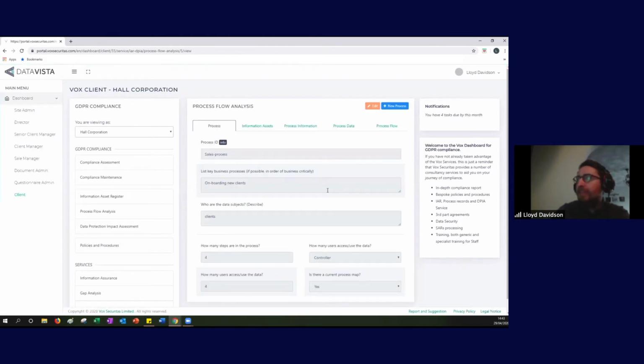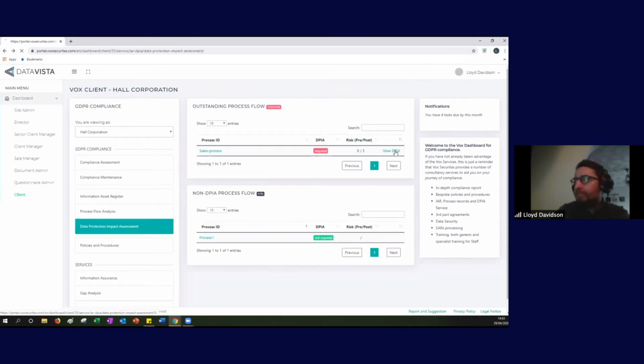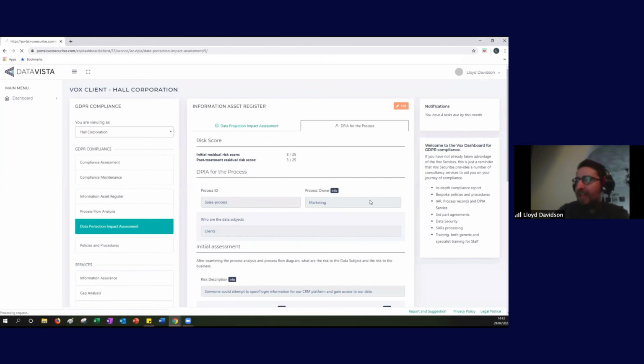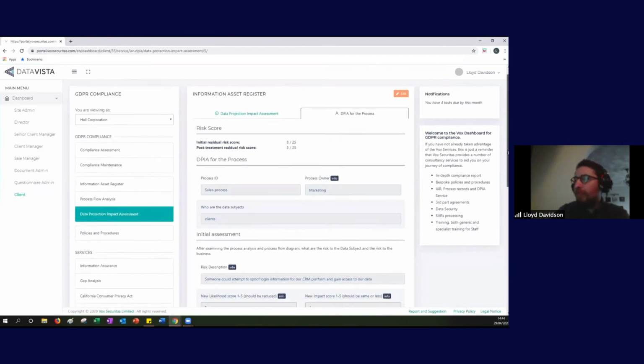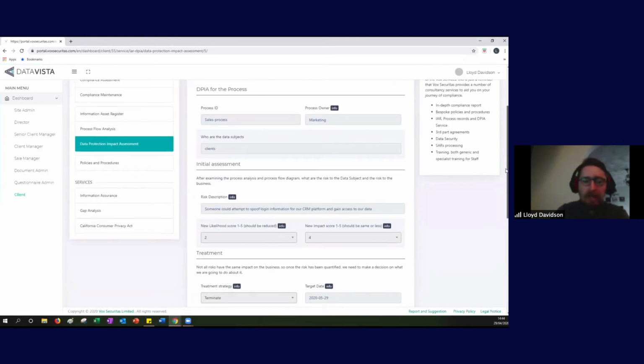If we go on to that, it will list all of the information around the process, and we essentially have to outline a potential risk. So say, for example, someone could obtain a staff member's username or password, or both, to Salesforce, or whatever CRM system you use, and gain unauthorized access to your client's data. That would be a potential risk.